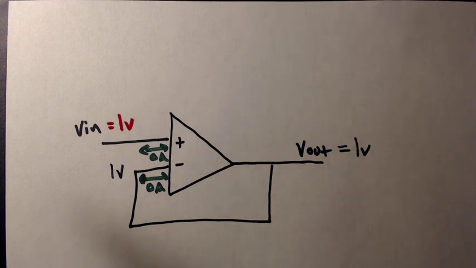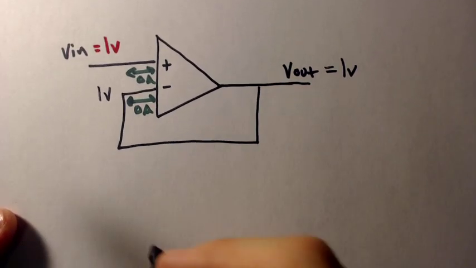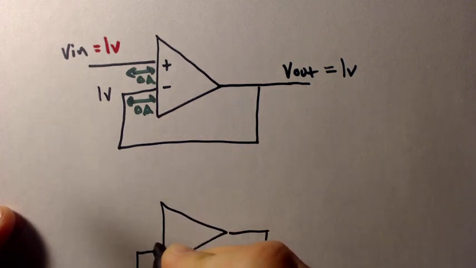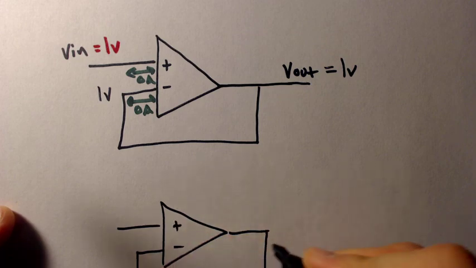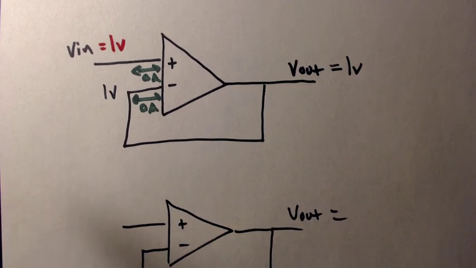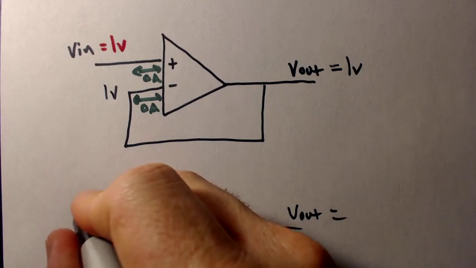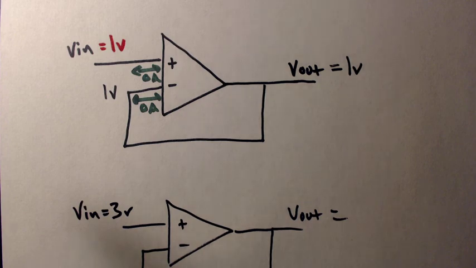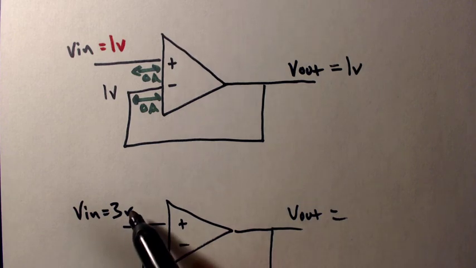All right, what about if I changed that? What if instead of 1 volt, I made this equal to 3 volts? Well, again, if this is 3 volts, this must be 3 volts.